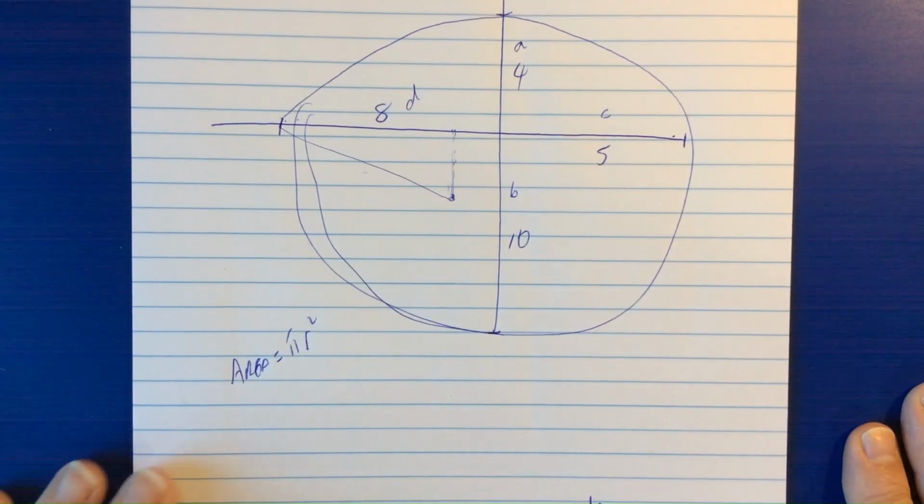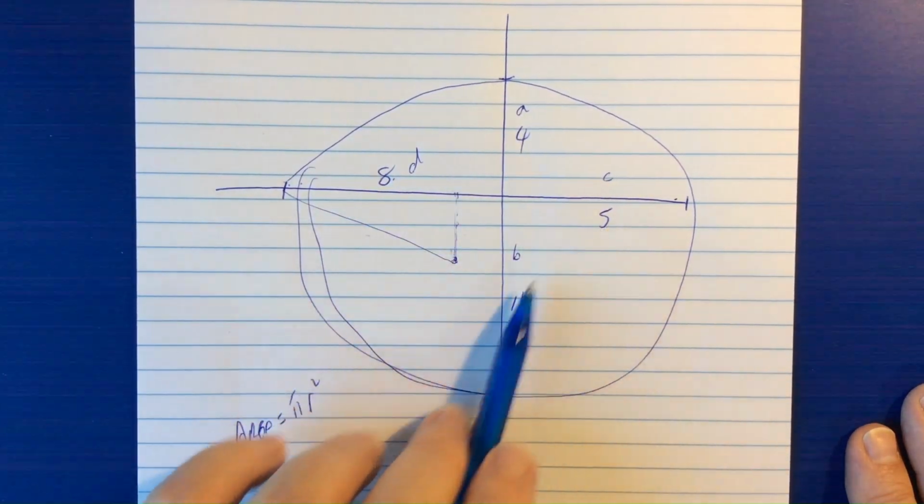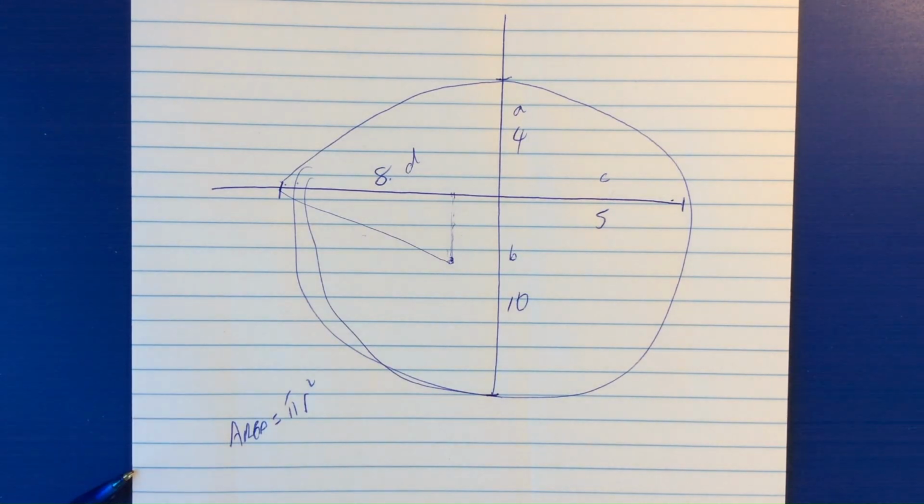Right, let's go to work. We know that, we know that, we know that, we know that. So we have got a squared, which is 16, plus b squared, which is 100, plus c squared, which is 25, plus d squared, which is 64. And that comes to 205.